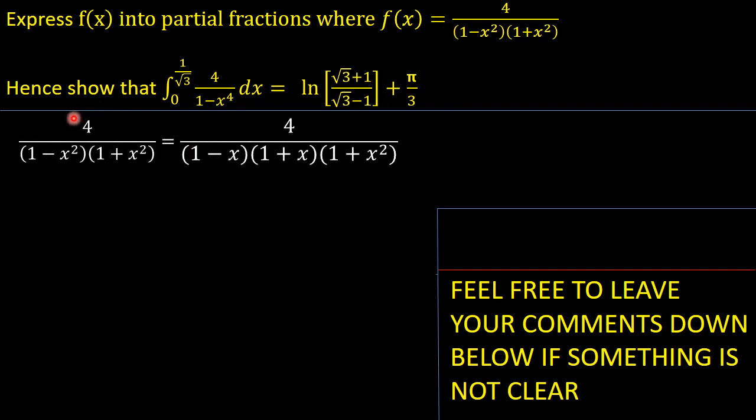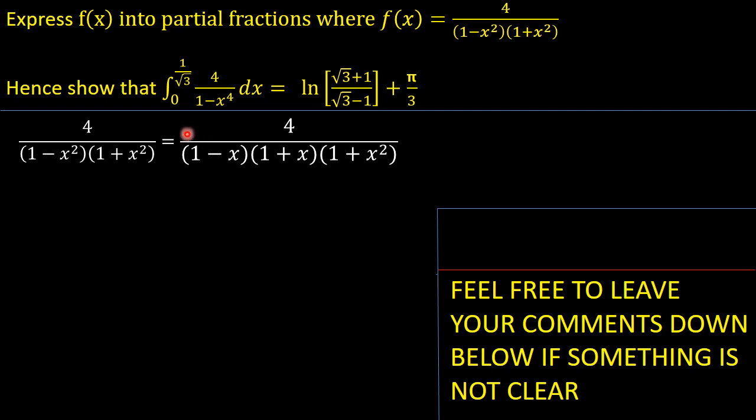now we are going to say that 4 over (1 minus x squared) into (1 plus x squared) is the same as 4 over, because if we factor out this 1 minus x squared, which is the difference of two squares, we are going to have (1 minus x) into (1 plus x), then into (1 plus x squared).